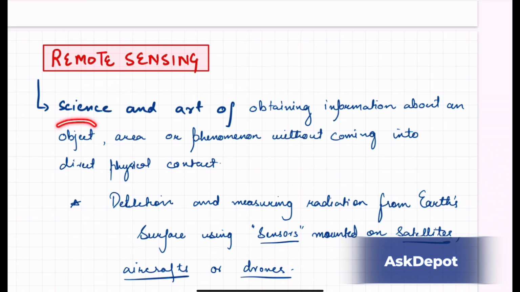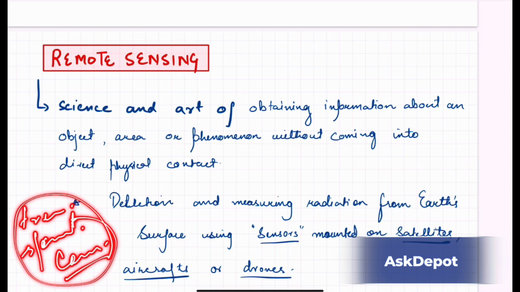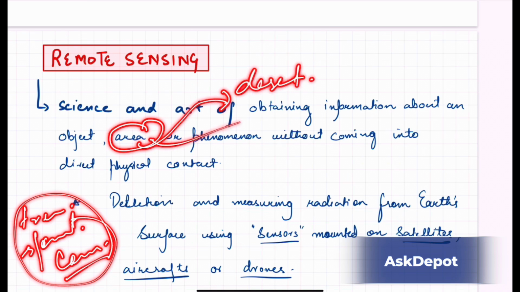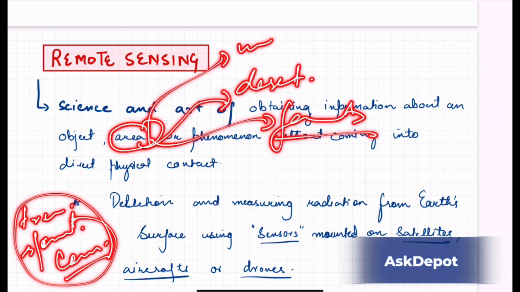So what is the idea? The information about the object. What is an object? For example, an object will be a tree, the forest cover. So these are the objects. The area can be, for example, any desert, any forest, an urban area.